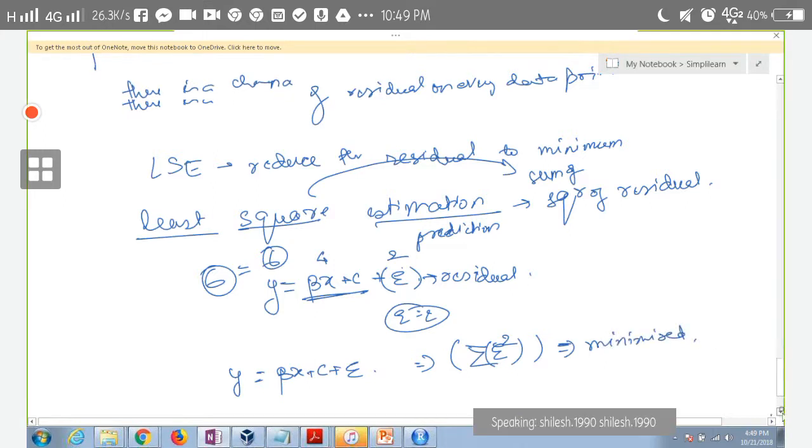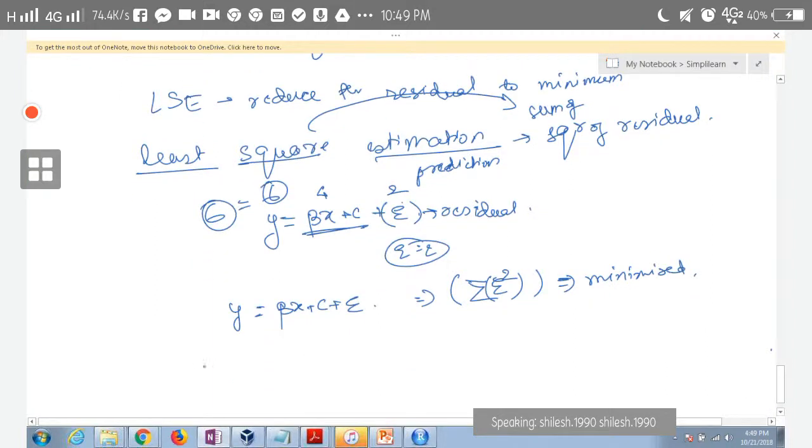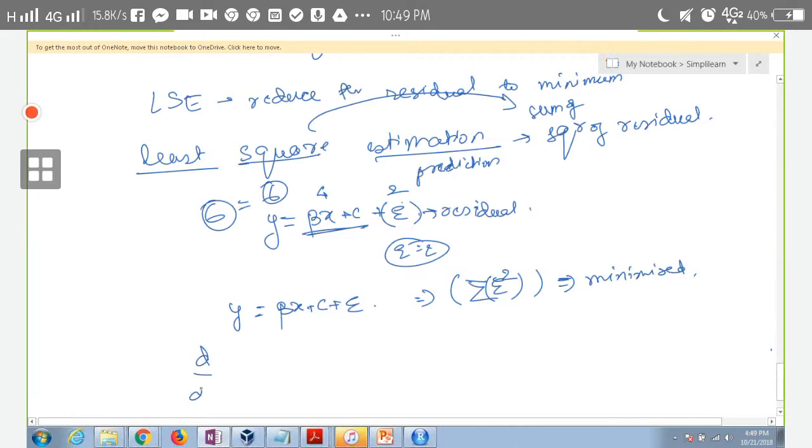Now how do you minimize? What is maxima and minima? If you remember, d by dx of sum of epsilon square equals 0 will give you maxima and minima.